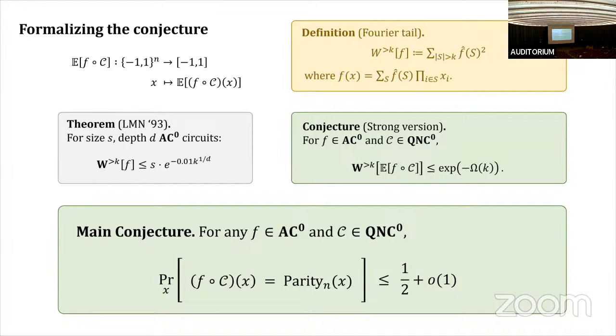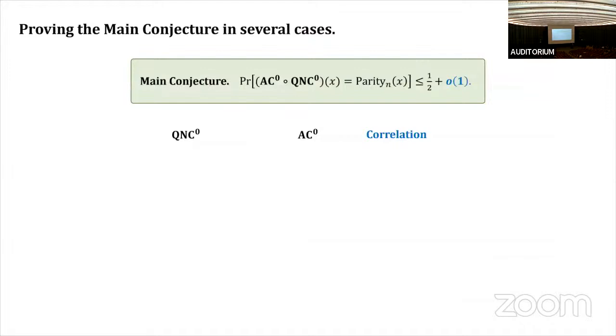And in this work, we prove the following. We were able to handle several special cases. So when QNC0 has no ancilla, so the QNC0 circuit itself is a full unitary from the Hilbert space covering all inputs to the output that the AC0 circuit sees, and AC0 is allowed to be arbitrary, we do in fact get this correlation decay.